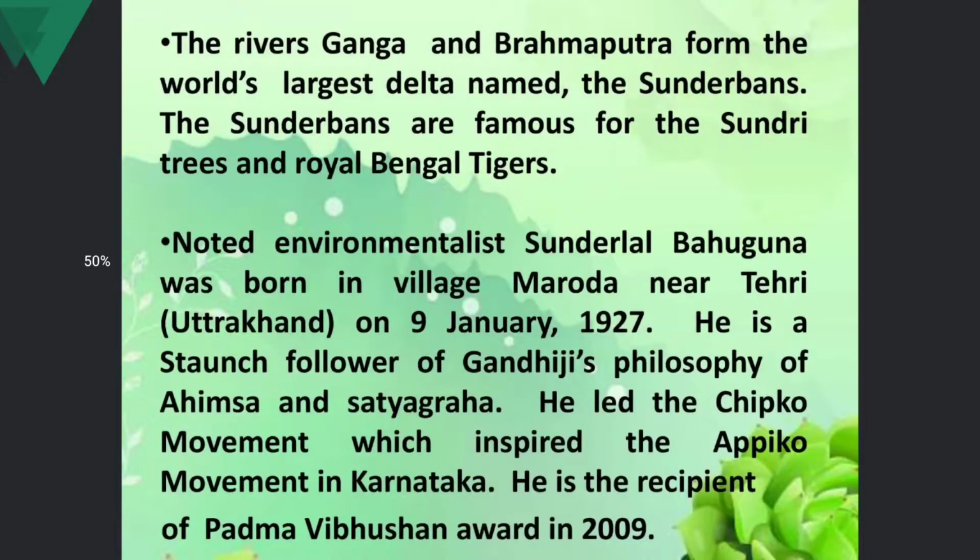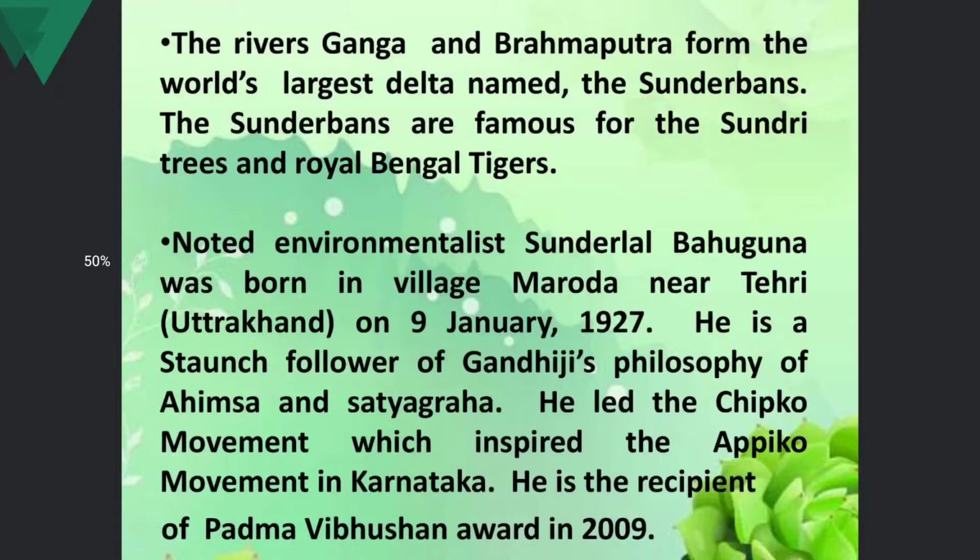Now, just to add to your knowledge, we have some information here. The rivers Ganga and Brahmaputra form the world's largest delta, named the Sundarbans. The Sundarbans are famous for Sundari trees and Royal Bengal tigers.